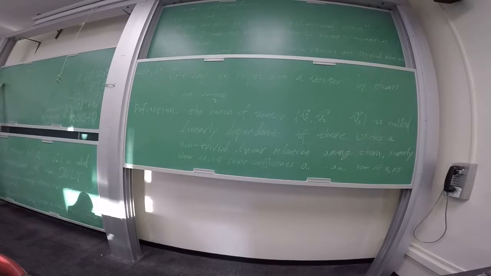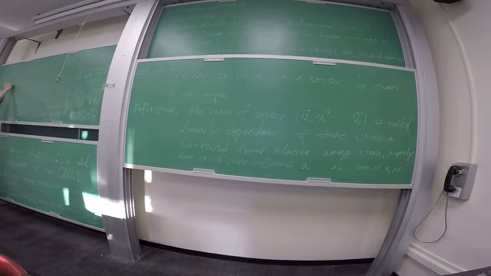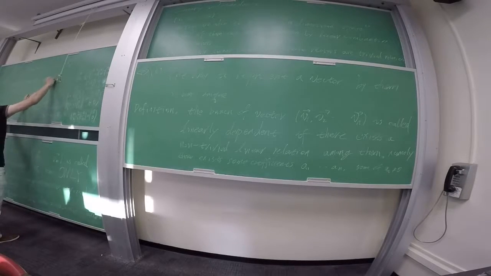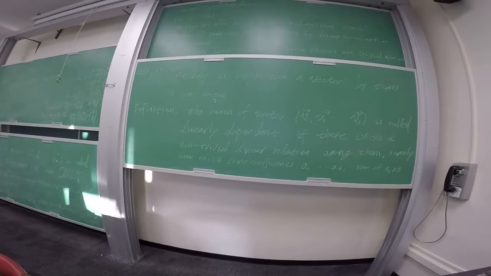Now I give you three polynomials. Look here. It's x times (x minus 1), and x times (x minus 7), and (x minus 1) times (x minus 7). You have three polynomials like this. Are they linearly independent?